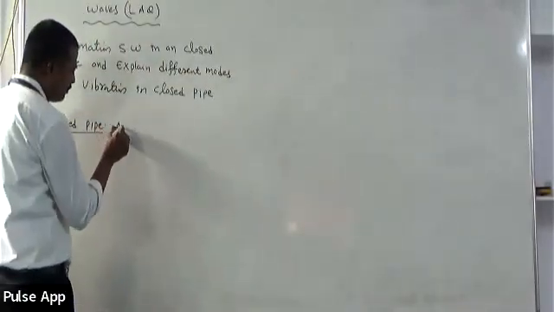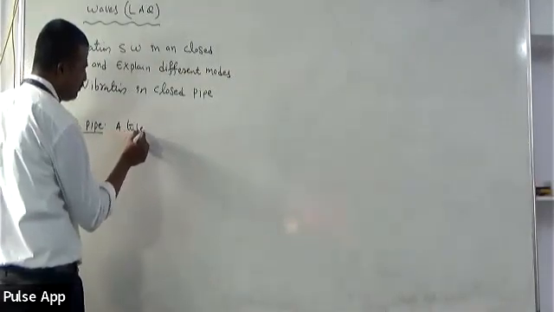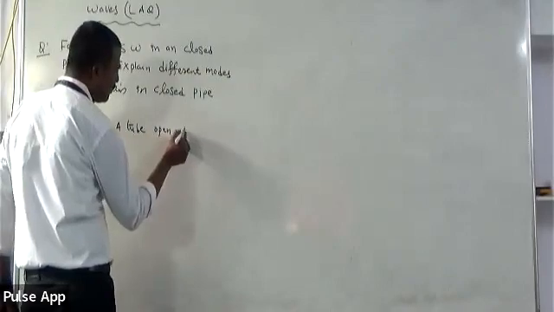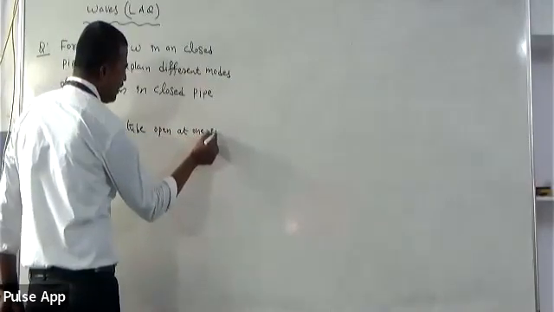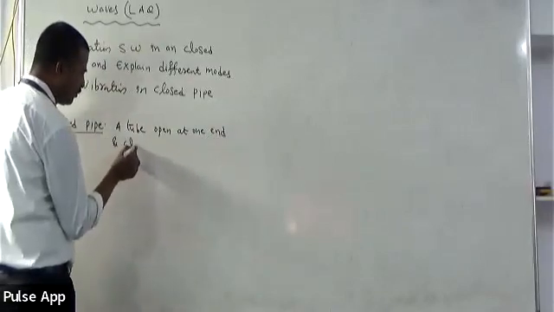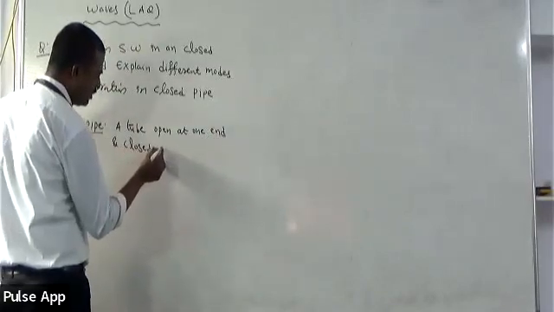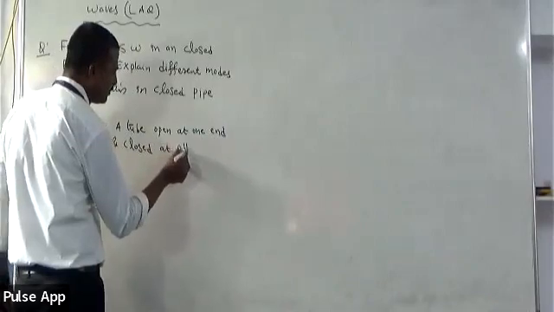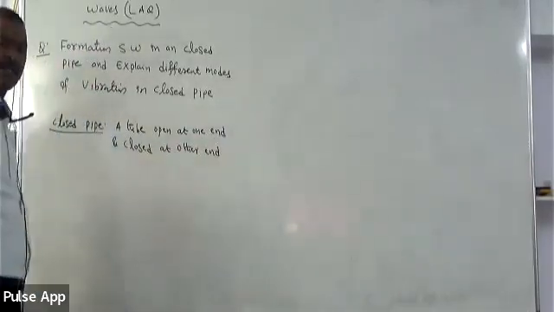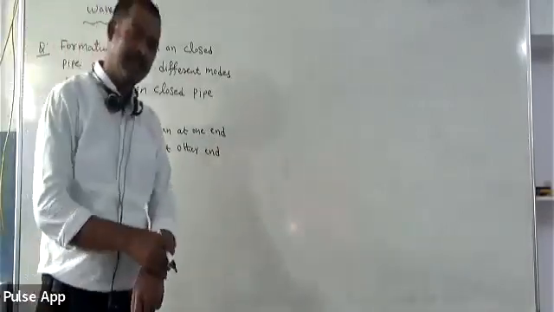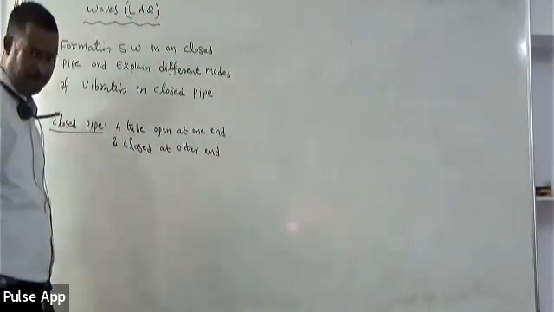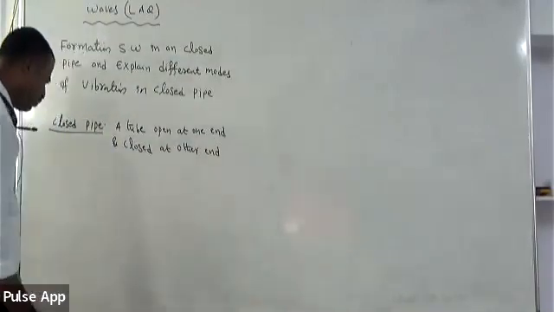A tube open at one end and closed at the other end. We call it a closed pipe. Okay. So that is simple.